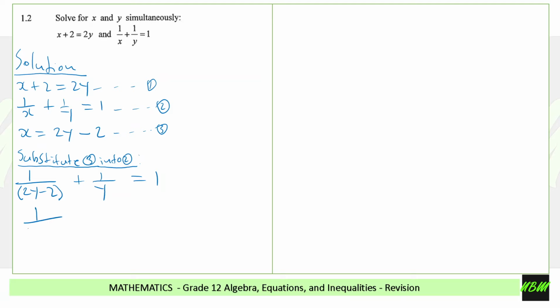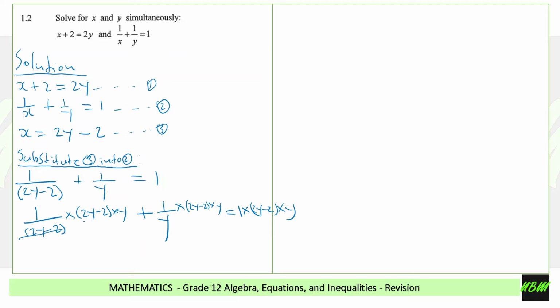So we have 1 over 2y minus 2, we are going to multiply by 2y minus 2 multiplied by y, plus 1 over y, we multiply by 2y minus 2 multiplied by y is equals to 1 multiplied by 2y minus 2 multiplied by y.